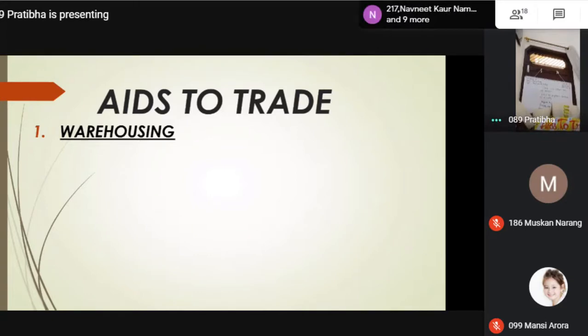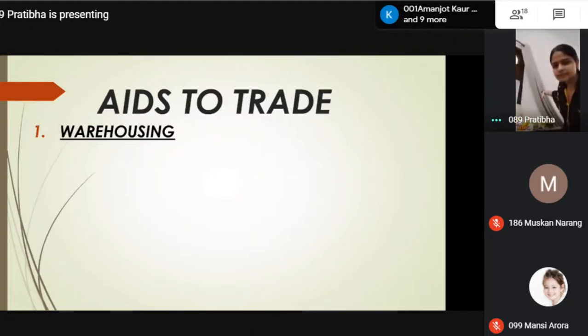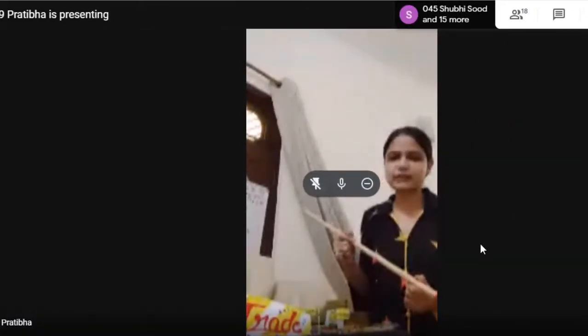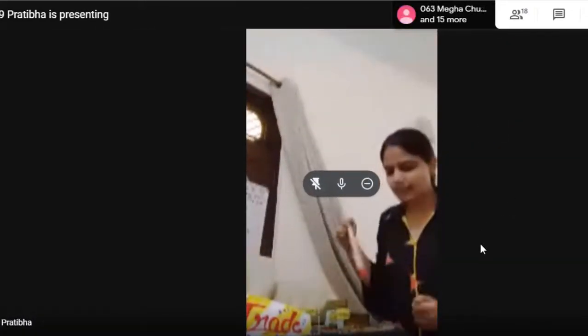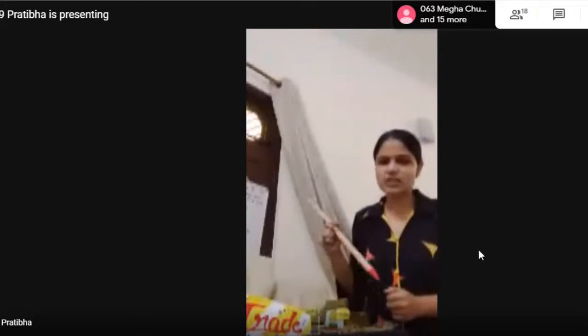First is warehouse. Students, look at this part of the model. Warehouse is a place where goods are stored in large quantity before being sent to the shop. This is a scene of a warehouse where goods are stored in large quantity.